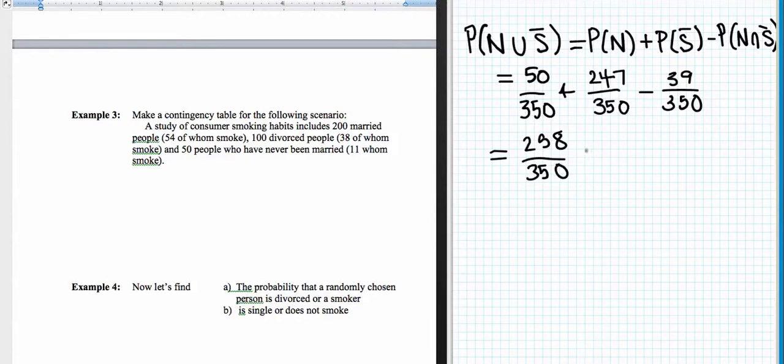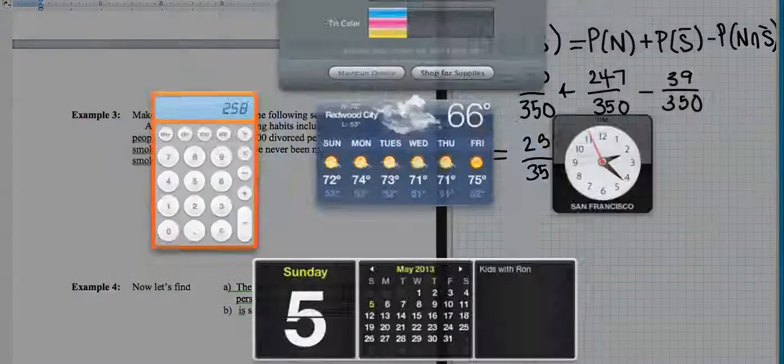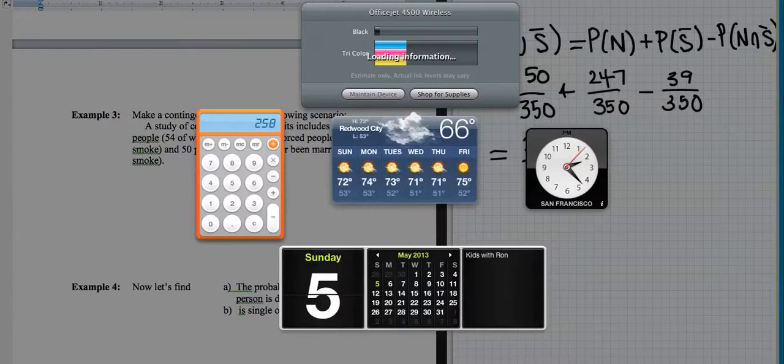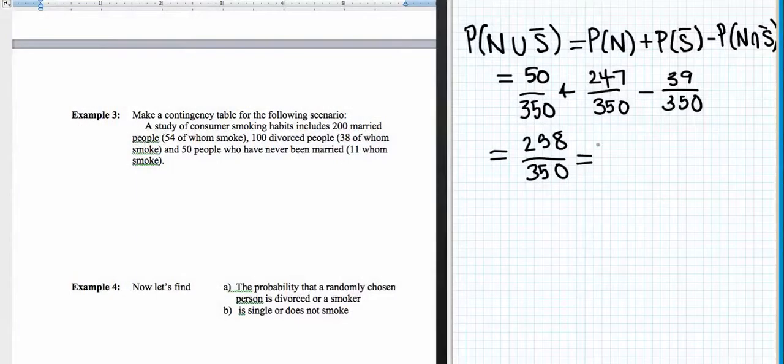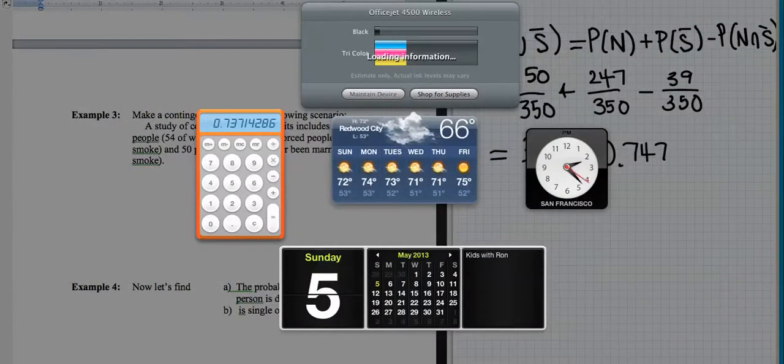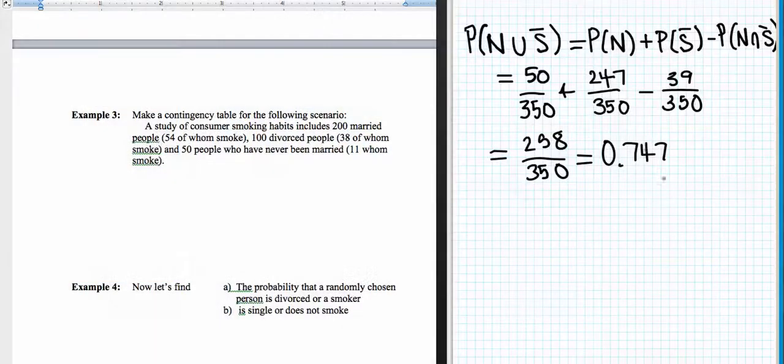And then once we have that, then we'll give it as a decimal approximation. So that's divided by the 350. And that gives us 0.737143 approximately.